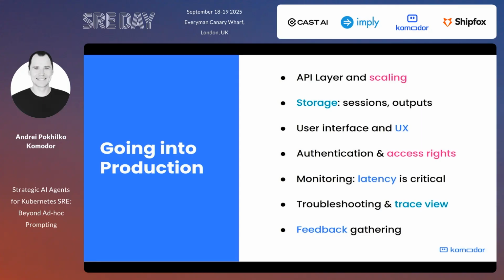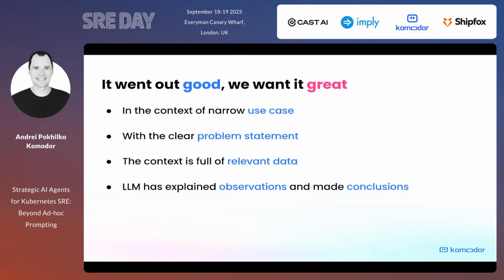You need to monitor your system because latency is jumpy with LLMs. You need to troubleshoot, go back and recognize the problems. And you need to gather feedback, and people are not willing to give you any because they are lazy. They don't even want to press the thumbs up, thumbs down button. You need to be creative to understand whether it worked or not.